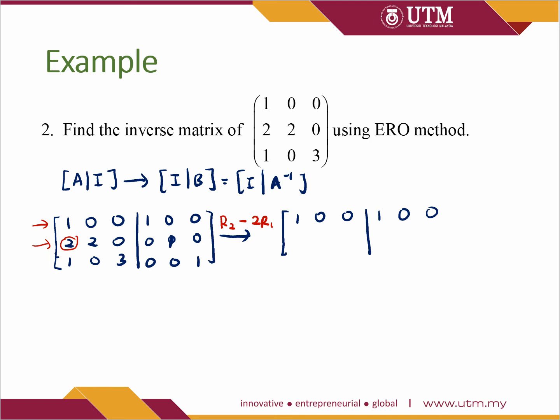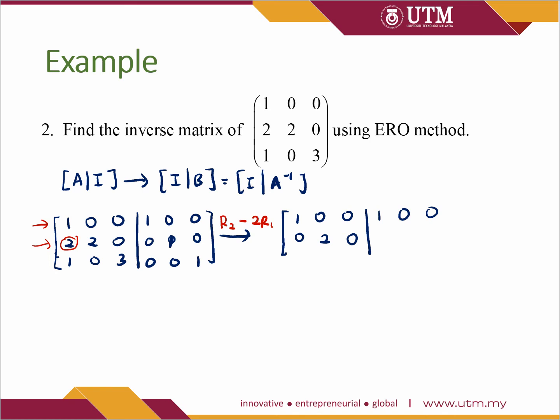So here we have 2 minus 2 will be 0. And then for the second element, 2 minus 2 times 0, so we have here 2. And then for the third column, 0 minus 0, which is 0.